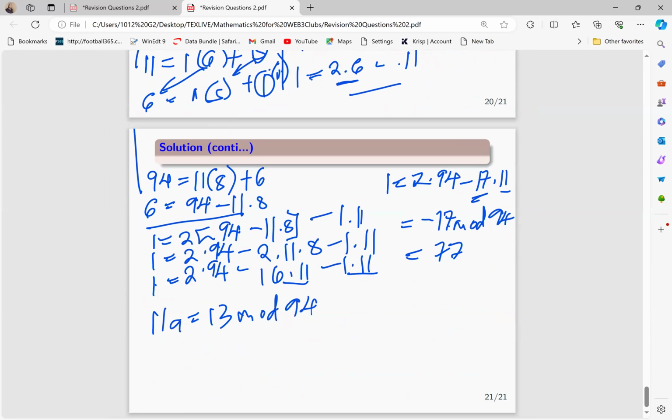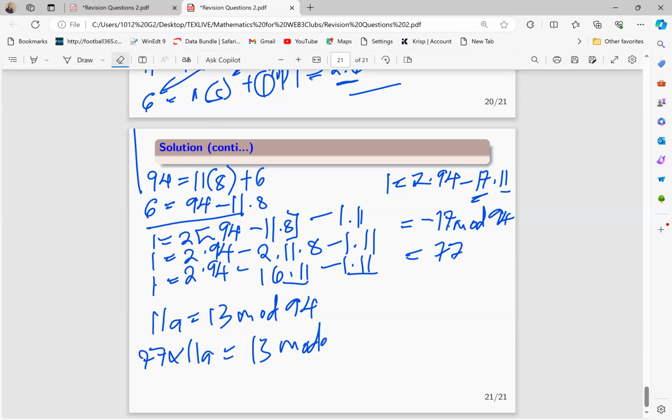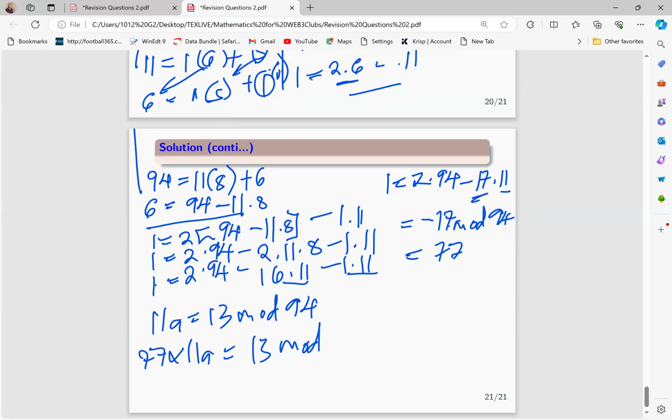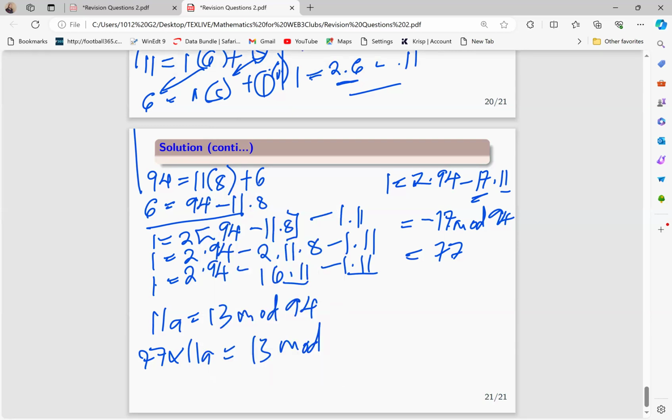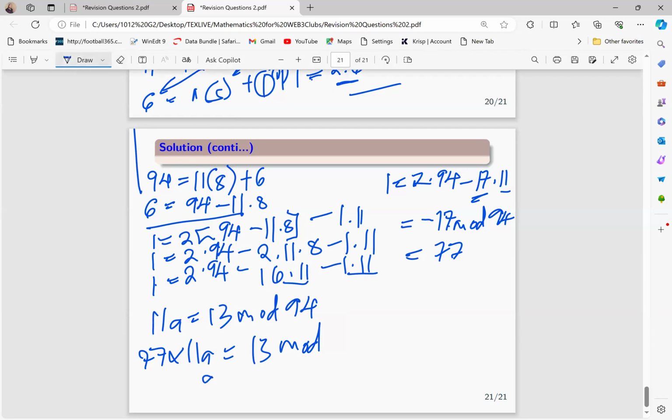See, maybe I understand. So if you multiply this one by 77, 77 times 11a becomes 13 mod 94. Why do I keep writing mod like that? So 77 times 11a. The answer on this side must have an unknown value again. So here it remains 1. The answer is 1.